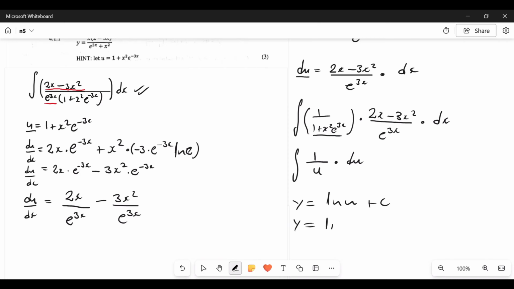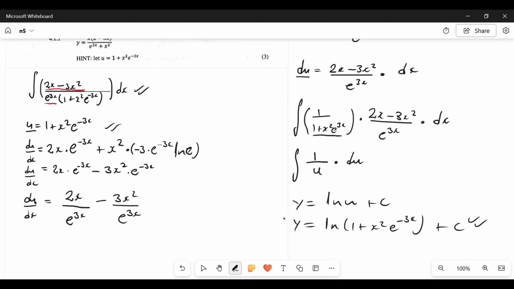So instead of writing u, we're going to write ln of 1 plus x squared e to the power of negative 3x, close bracket, plus c. So this here is our final answer, right? Obviously, there are other ways of doing this, but since they gave us a hint to use 1 plus x squared multiplied by e to the power of negative 3x, substitution was the way to do this.